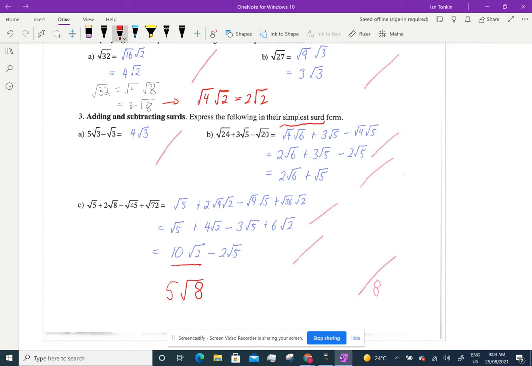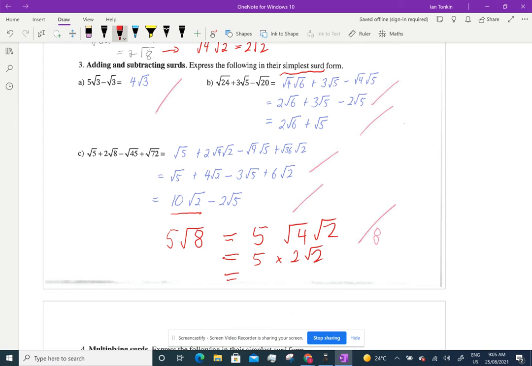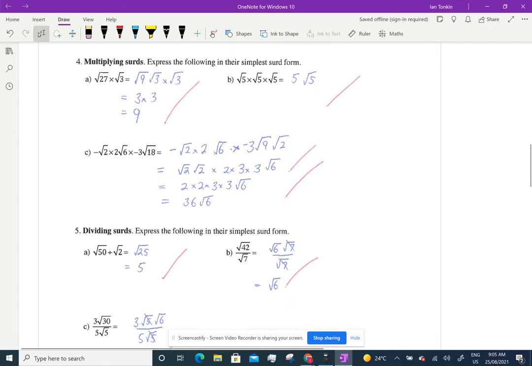So 5 root 8 doesn't really cut it because 5 root 8 is 5 times root 4 times root 2, which is 5 times 2 root 2, which is 10 root 2. So, yeah, simplifying root 8 seems to be something that people had a lot of problems with. Even though they could do it here, they couldn't do it later on. I don't know. All right, so moving on.